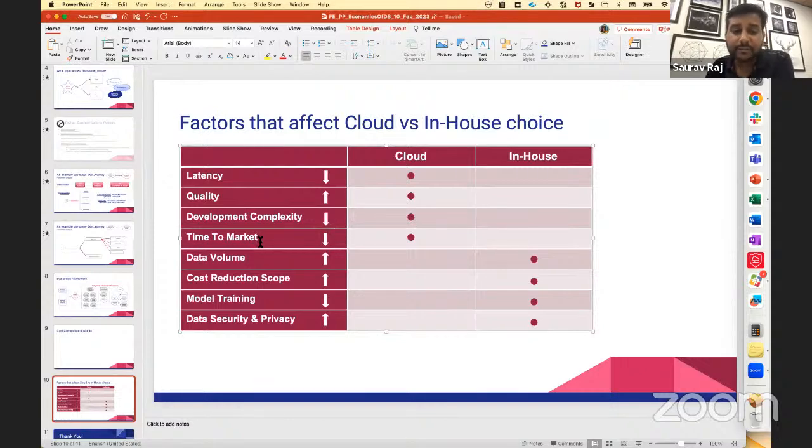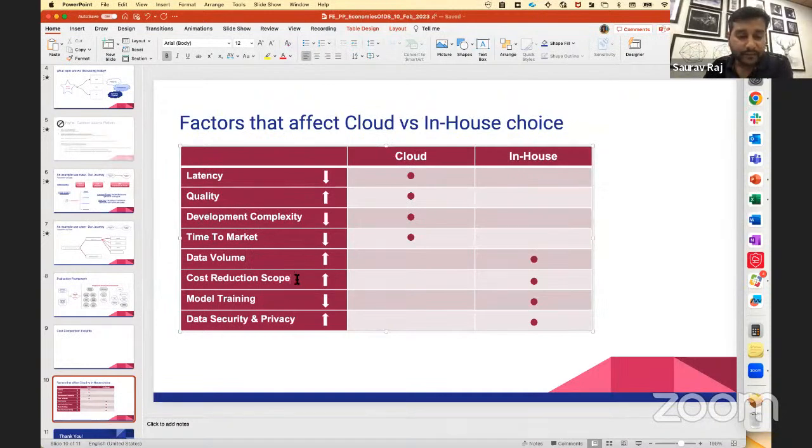If time to market is your primary factor, and you want the solution to be available immediately, then again go with cloud-based offerings. But when data volume is your concern, when you want to process a high data volume at lower cost, as we saw in our Excel sheet, then it's advantageous to consider an in-house solution, because in the longer run that will save you the cost.